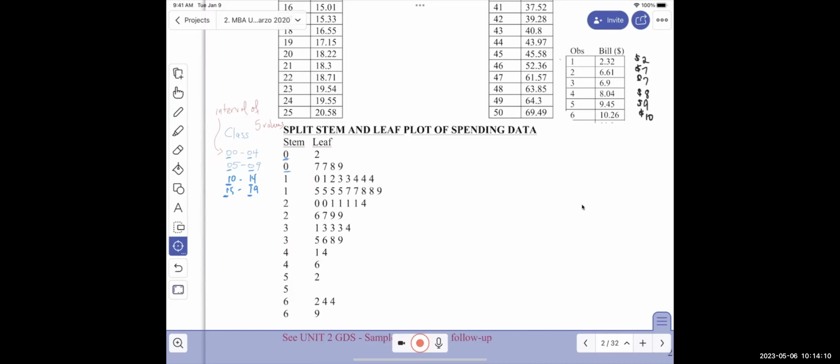And so frequency is really important. And this is known as a distribution. Like a noun.